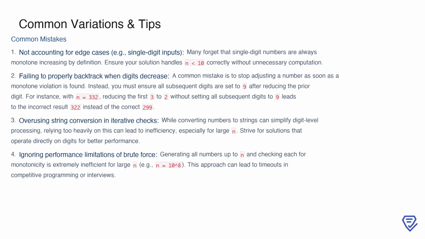If you simply reduce the troublesome digit without setting all the following digits to 9, the result will be incorrect. For instance, with the number 332, decreasing the first 3 to 2 and leaving the rest untouched produces 322, which isn't monotone increasing. The correct adjustment here would be to make it 299.